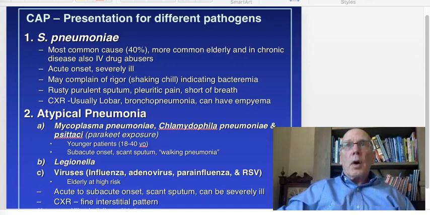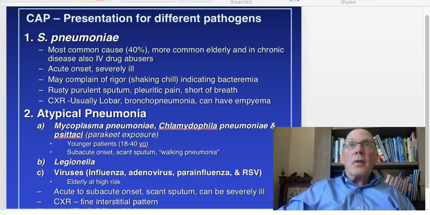The most common cause of community-acquired pneumonia is Streptococcus pneumoniae, representing 40% of cases. This infection occurs more commonly in the elderly and those with chronic diseases, as well as intravenous drug abusers. The pace of the illness is acute, and patients are often severely ill.